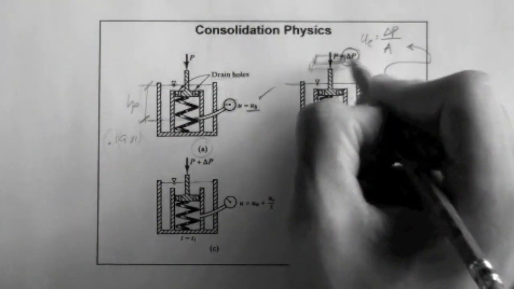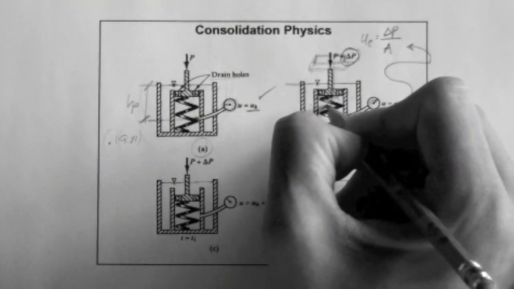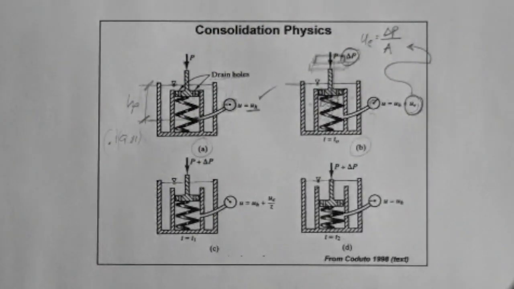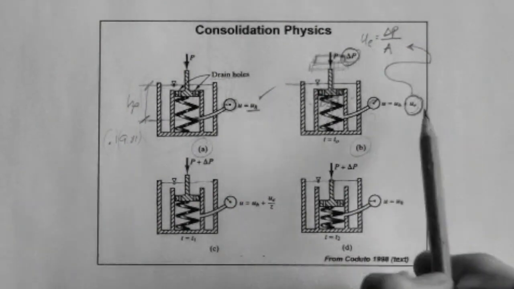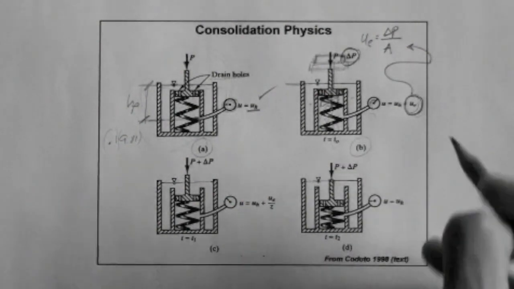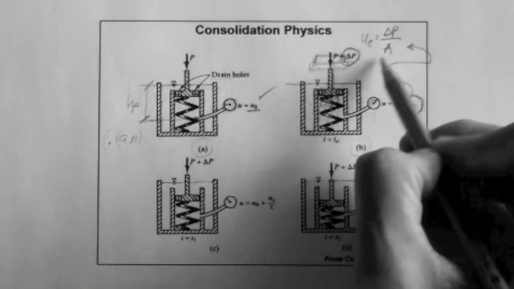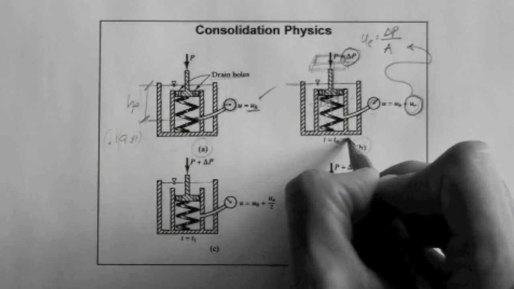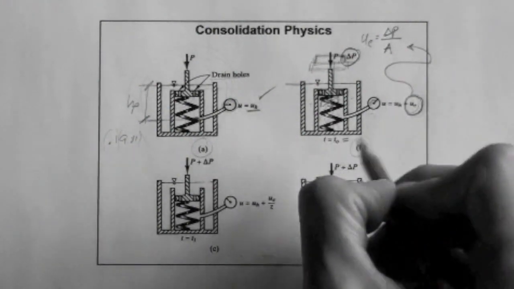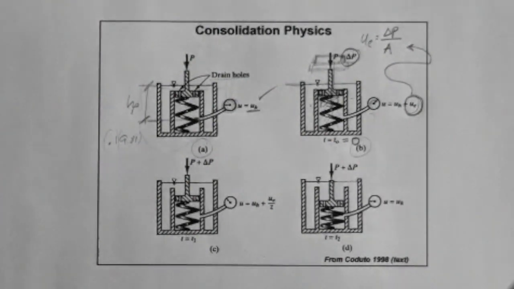So delta P divided by A is the stress imposed vertically, that is of course carried by the water as a pressure, because water carries stress as pressure, a stress that acts the same in all directions. That's pressure. So the u_e that is generated at that point in time is delta P, the force, divided by the area of the piston. That point in time the book calls T0, we call it 0. That's time equals 0.